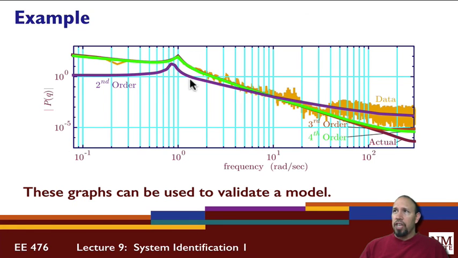It does not work well for second order, which means the second order model is not good, but it does work well for the third order and fourth order models. The third and the fourth actually fit the actual transfer function well. And notice that the data fits the transfer function fairly well out till about this point.